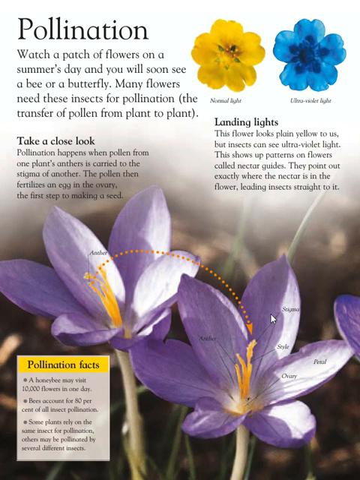Many flowers need these insects for pollination, the transfer of pollen from plant to plant. So a plant needs pollen from a different plant's flower in order to grow seeds. That's what pollination is: moving pollen from this flower to this flower so that it can grow seeds.